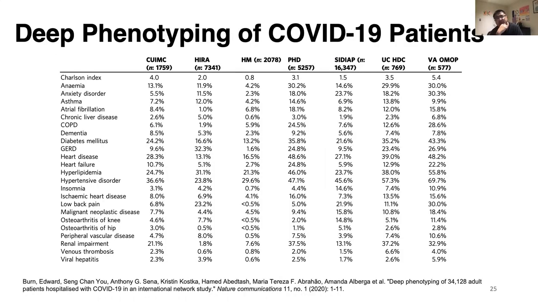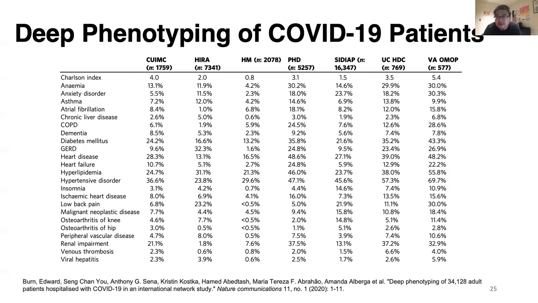So this is another study done by the ICIP folks where they investigated a total of 34,000 individuals hospitalized with COVID-19 in the ICIP network. And this is a table showing the summary statistics of those patients across different institutions. Here, CUIMC stands for Columbia University Irving Medical Center.